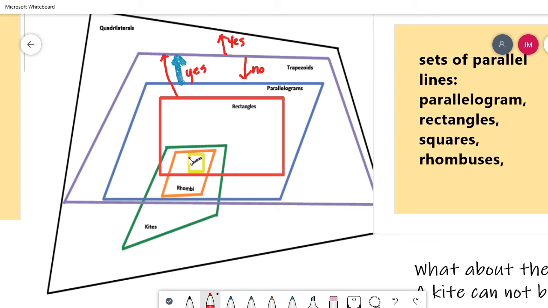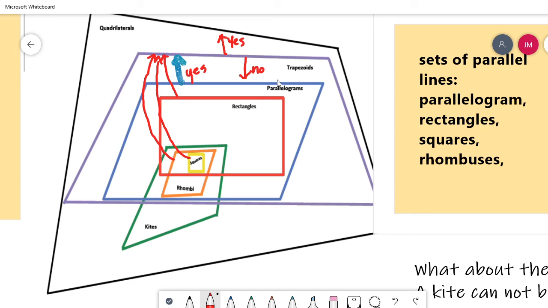Can a square be a trapezoid? And the answer is yes, because it has two sets of parallel lines, and trapezoids only need one to be a trapezoid. Can the rhombus be a trapezoid? And the answer is yes, because it has two sets of parallel lines. Now, can a kite be a trapezoid? And the answer is no. The kite does not have any sets of parallel lines.